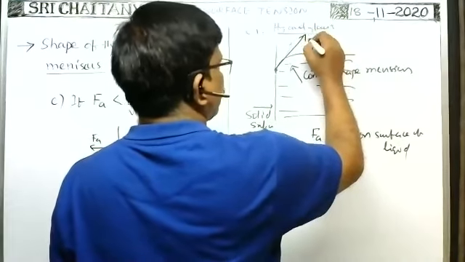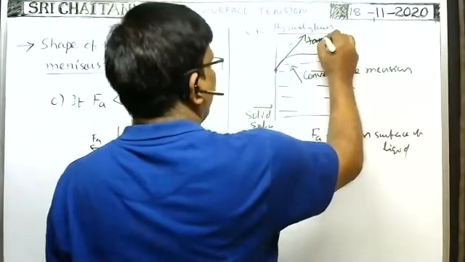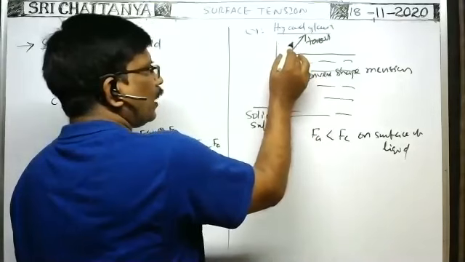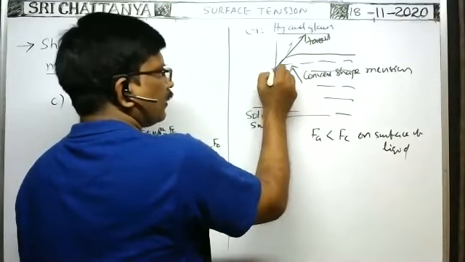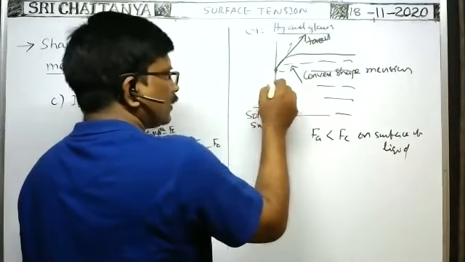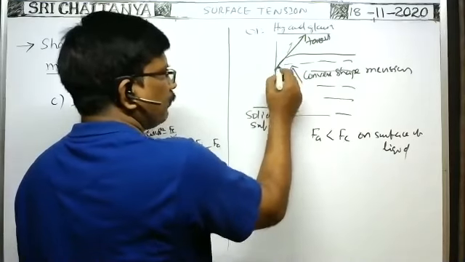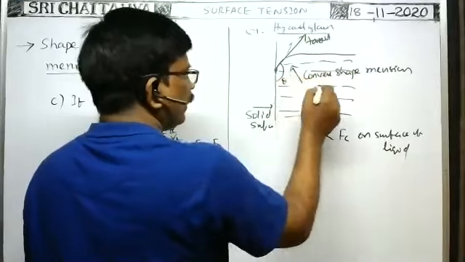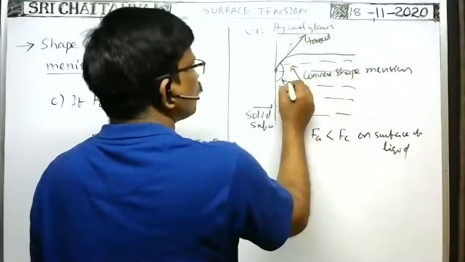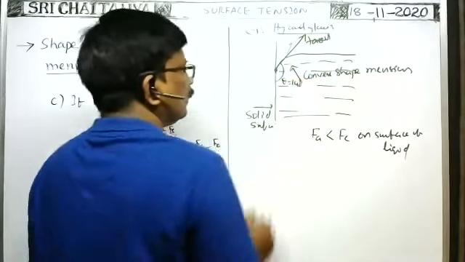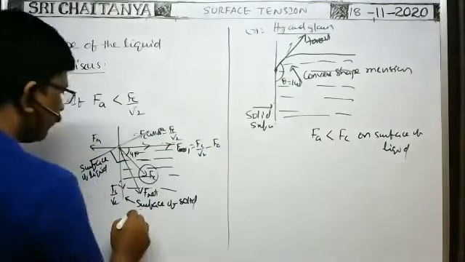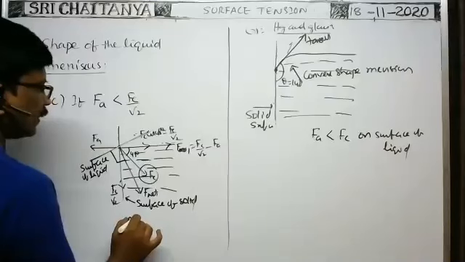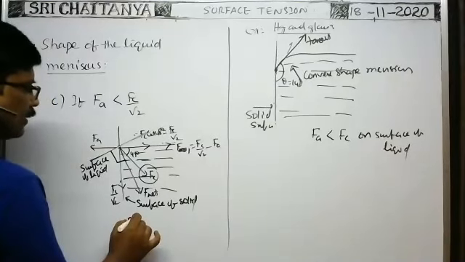According to the definition of the angle of contact, the angle between the tangent drawn at the point of contact on the surface of liquid and the surface of the solid, inside the liquid, means this one. In case of mercury and glass, this is theta, and it is 140 degree. So in this case, is the angle of contact greater than 90 or less than 90?